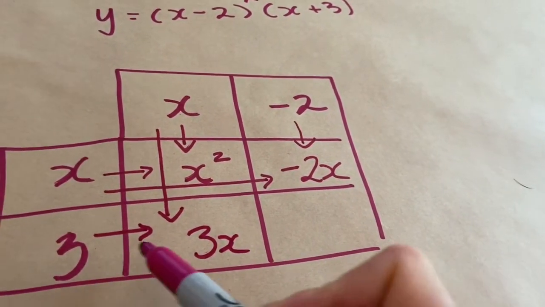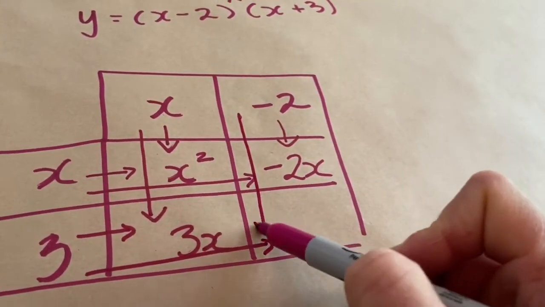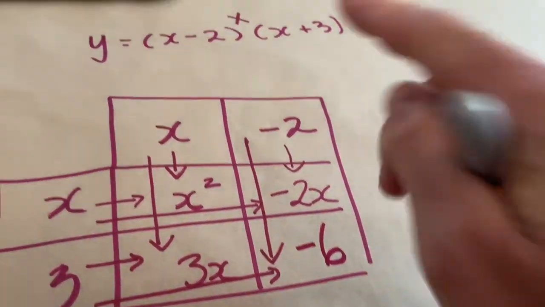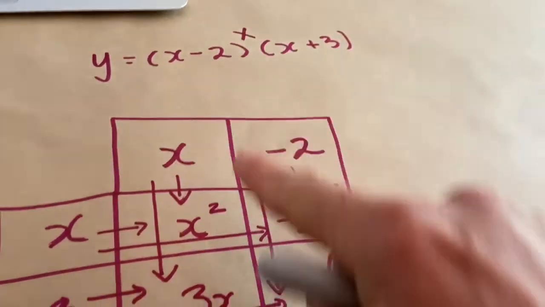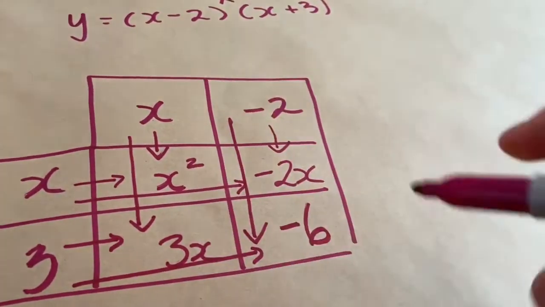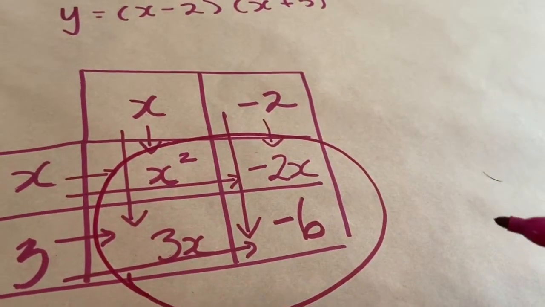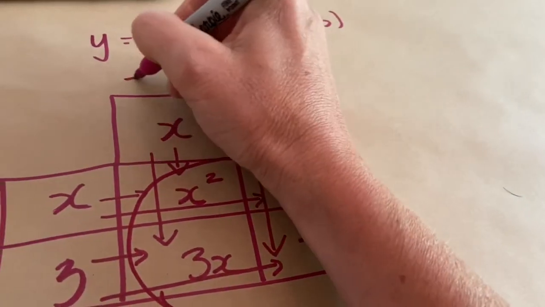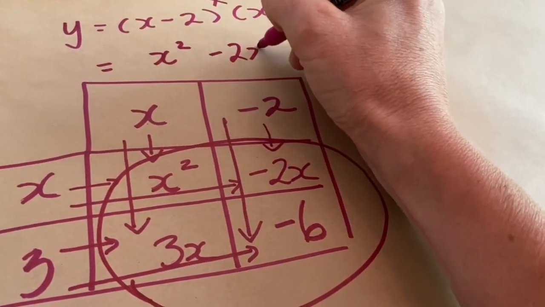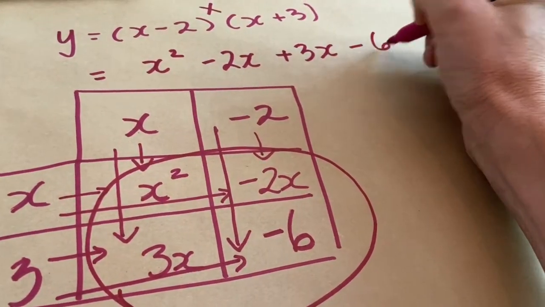And last but not least, I want to multiply the 3 times the minus 2, and that gives me minus 6. So instead of just multiplying once, I multiplied each little bit, so I multiplied 4 times. But what you need to do now is put all of this together, combine it in order to find your final answer. So that means that I have x squared minus 2x plus 3x minus 6.